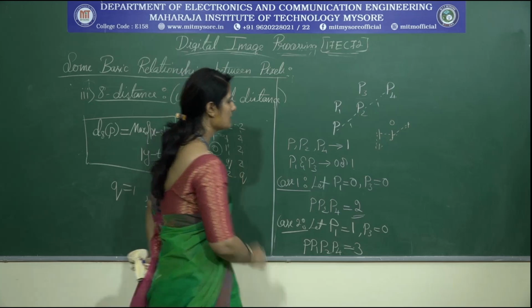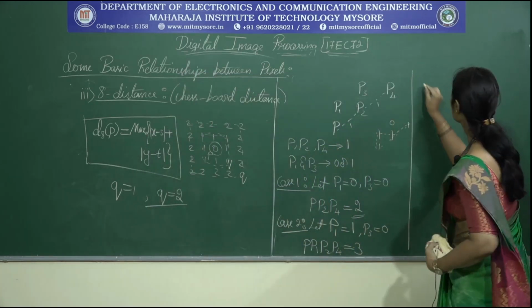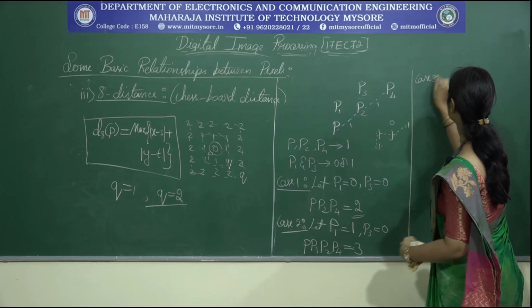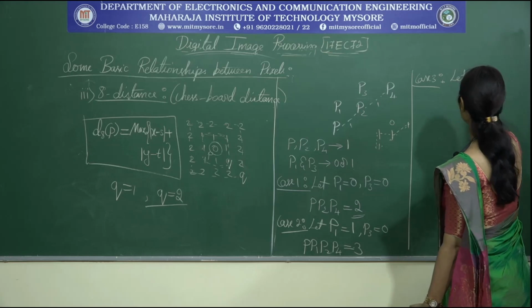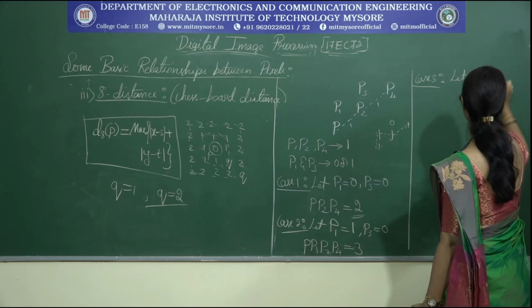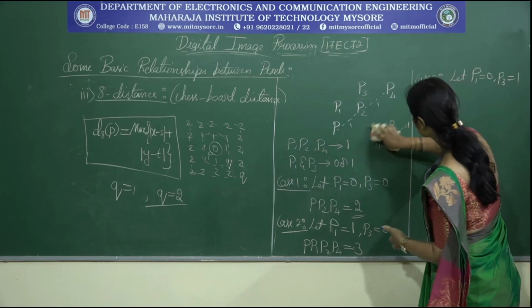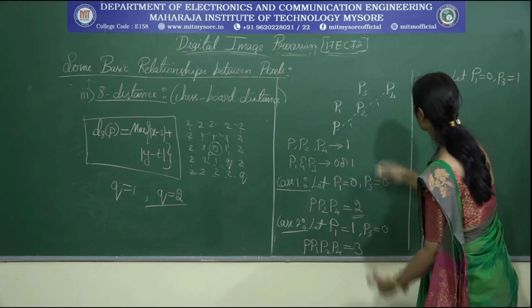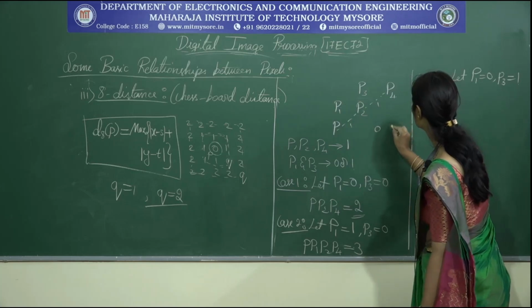Right. So next consider case 3. Let P1 is equal to 0 and P3 is equal to 1. So now consider this case. So P1 is equal to 0, this is 0 and this is equal to 1.